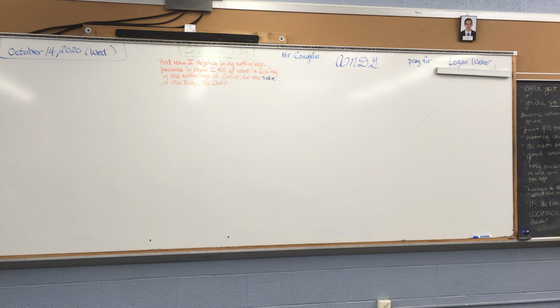Number 5e, y over x. Number 5f, x plus 1 over 2. Number 5g, x over x minus 2. And number 5h, 3 over x plus 3. And it repeats on number 5.